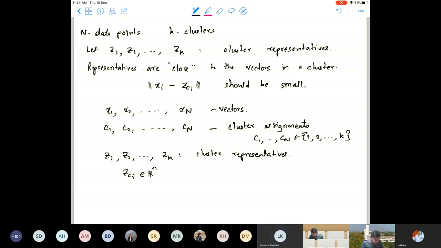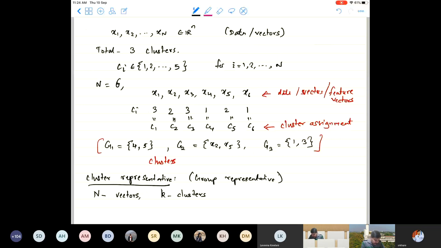If you see this slide once again, suppose there are three clusters, then Ci will take one of the three values, 1, 2 or 3. For example, if x1 is in cluster 3, then C1 is equal to 3. If x2 is a vector in cluster 2, then C2 is equal to 2.